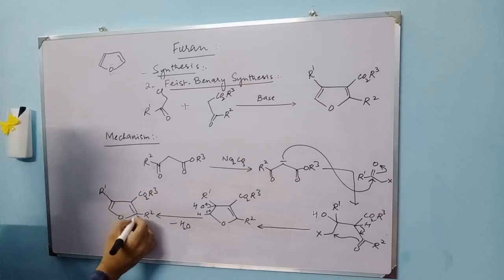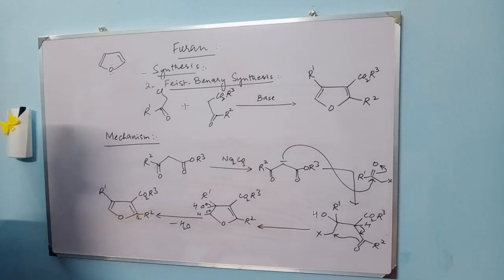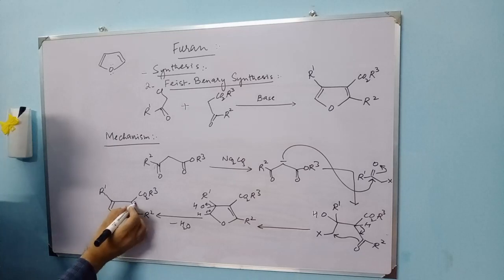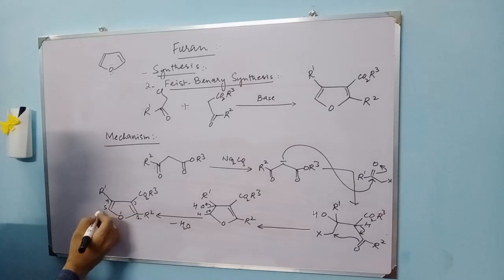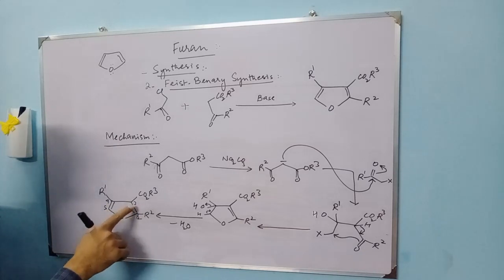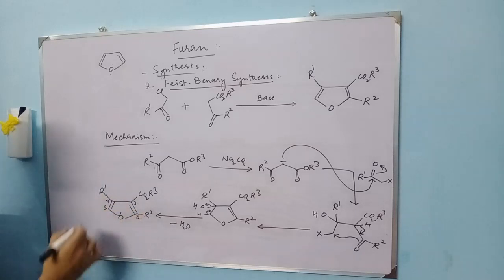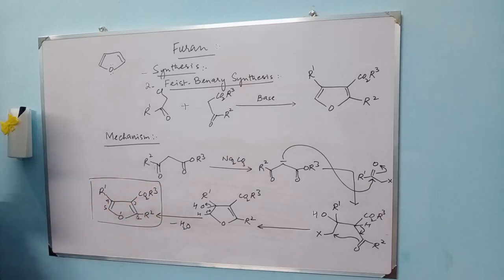So this is position 1, position 2. Whenever we have heterocycle, atom gets number 1, then 2, 3, 4, 5. So this is basically 3 furoic acid derivative. R1, R2 are 2 other substituents. So we get 2, 3, 4 tri-substituted furan derivative in this case.